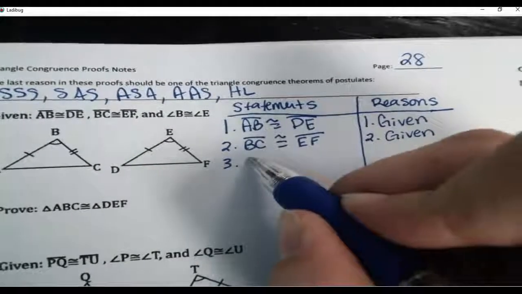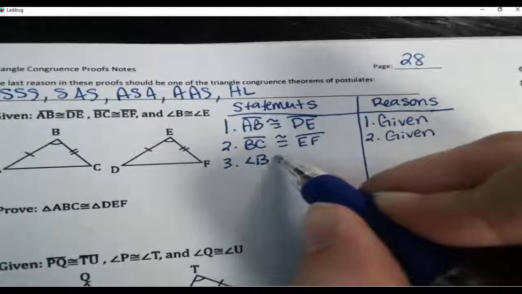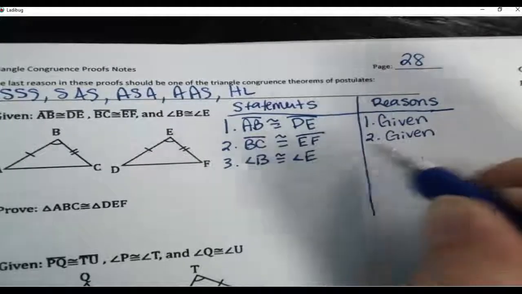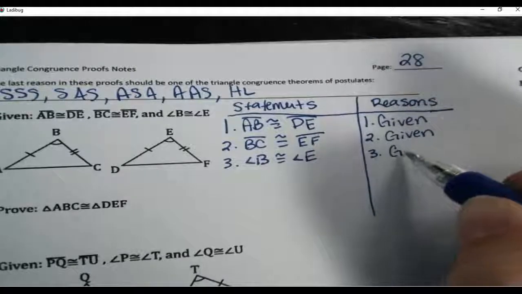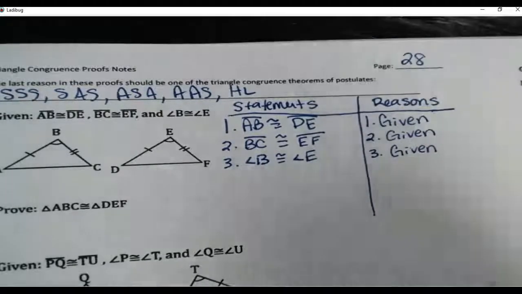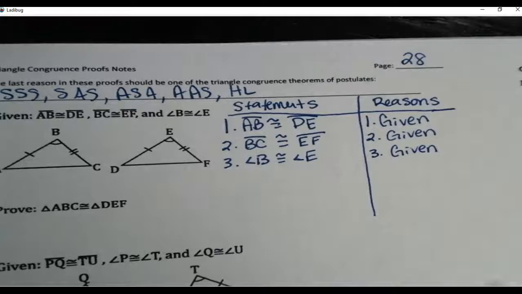And then we're also given that angle B is congruent to angle E.